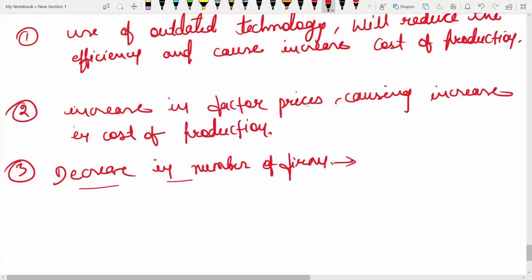Let's suppose that in the market four firms are supplying. If the number of firms comes down, what will happen? This will cause reduction in market supply.